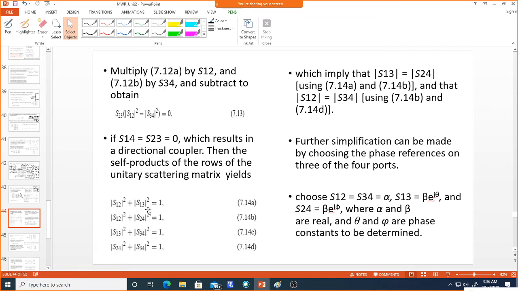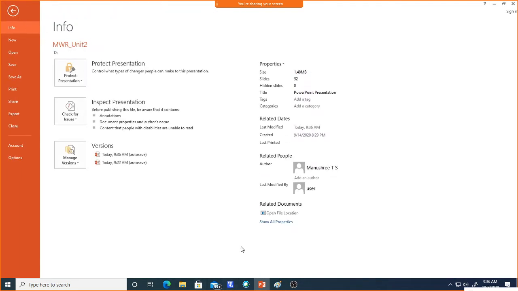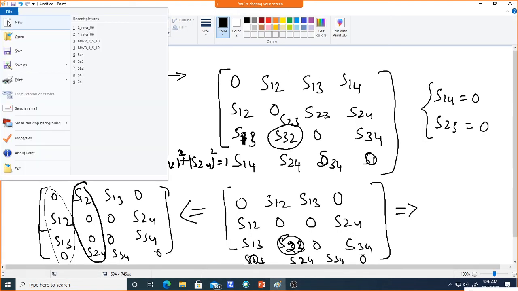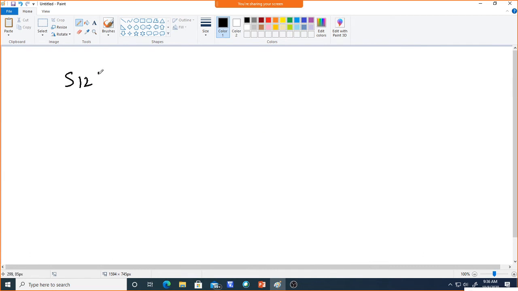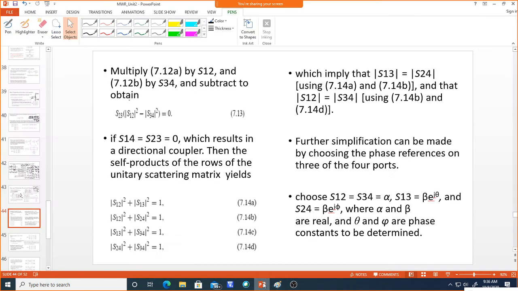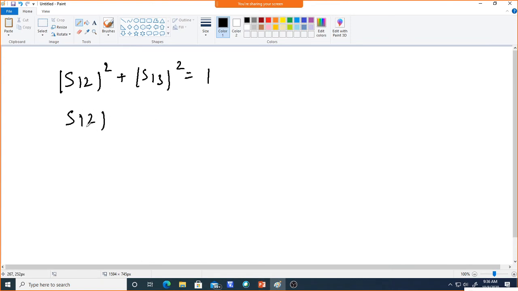So now after getting these equations, if you subtract any two of them, say for example if I take the first two equations, that is S12 square plus S13 square equal to 1, and S12 square plus S24 square equal to 1, and if I subtract these two equations, the S12 square will get cancelled.